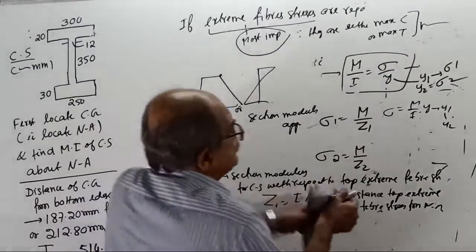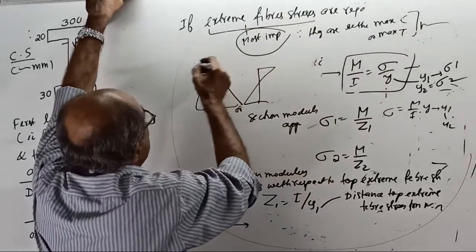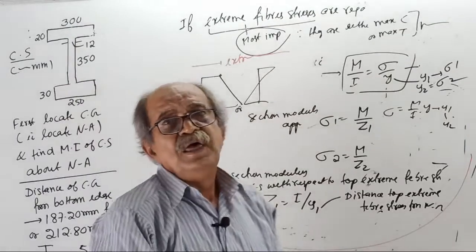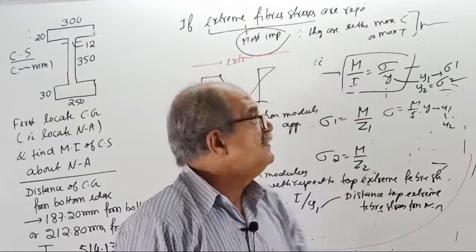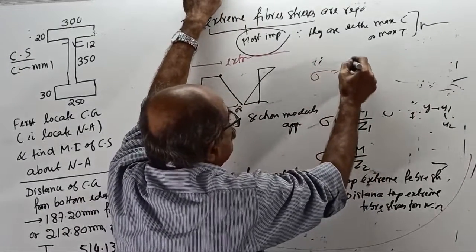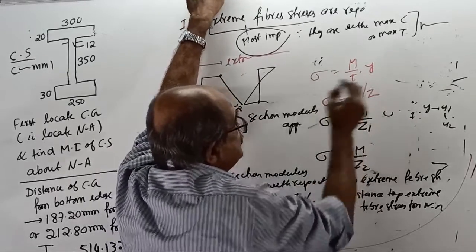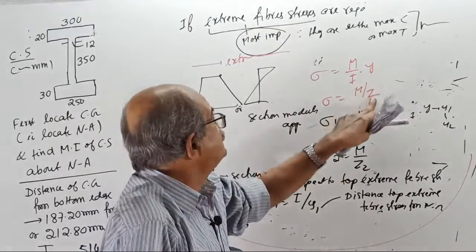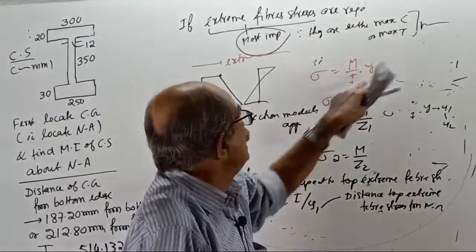I am not telling once again now. Last warning. If you are interested in the extreme fiber bending stresses or maximum bending stresses, either compression or tension, then either use the basic equation, sigma equal to M by I into Y, or sigma equal to M by Z. To get sigma 1, put Y equal to Y1, or write Z1, where Z1 is I by Y1.